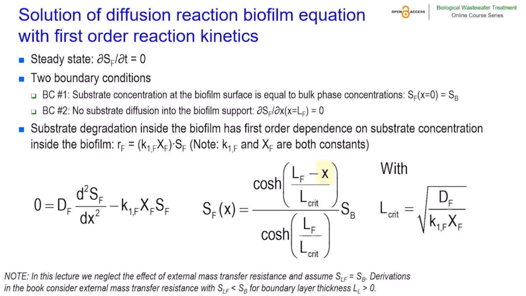It includes the biofilm thickness, LF, and it includes another constant, L crit. L crit considers the diffusion coefficient, DF, and the rate constant, K1F, times XF. Here, XF is the biofilm biomass density, and K1F is the first order kinetic constant.